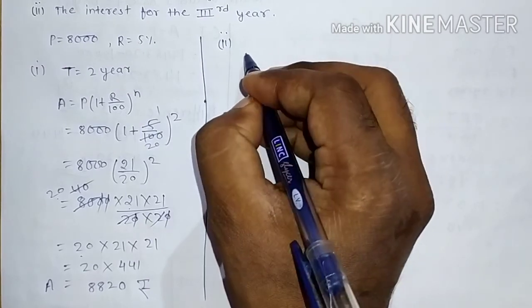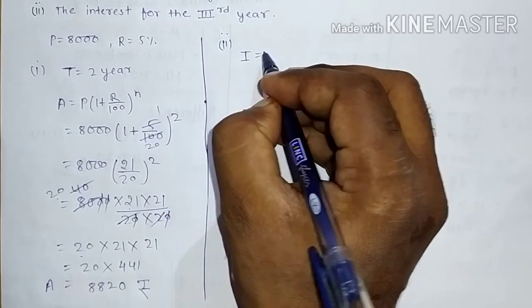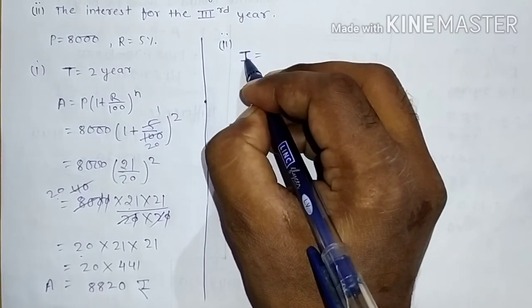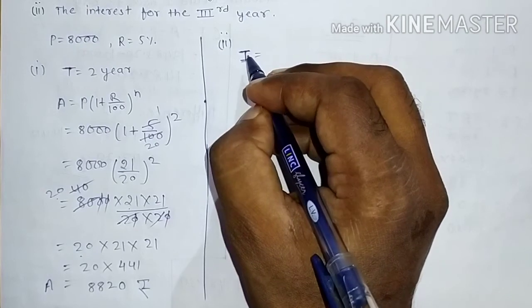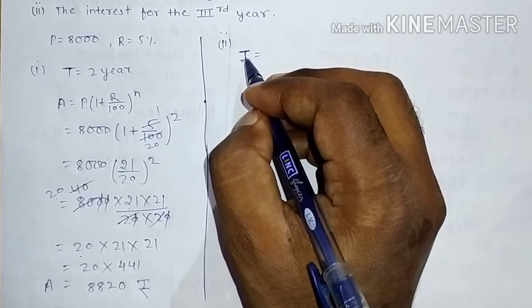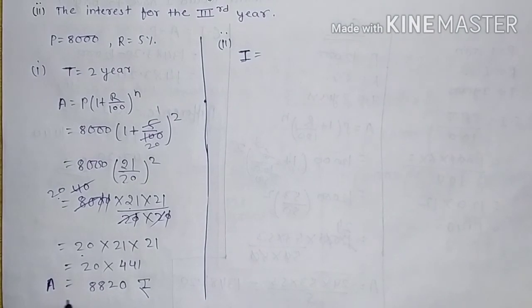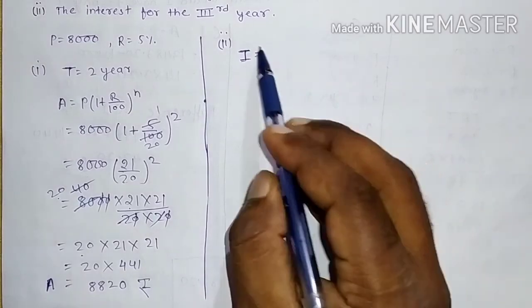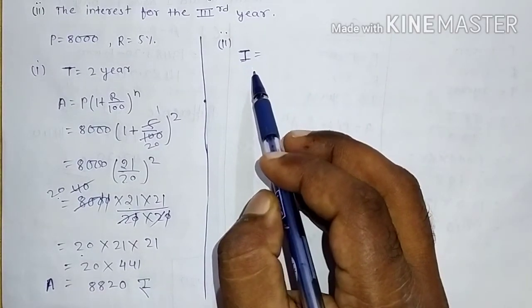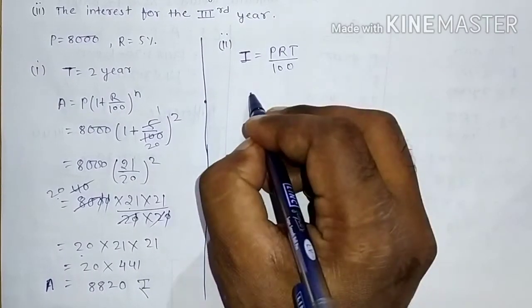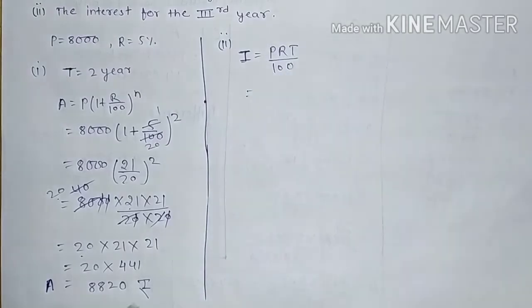That means we have to find simple interest for the third year, when the amount of 2 years, that is 8,820, becomes the principal of the next, third year. Okay students, so here the formula will be PRT upon 100, and here the principal is 8,820, and this will be the amount.